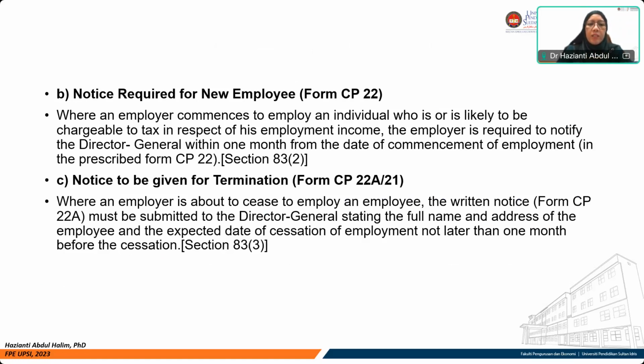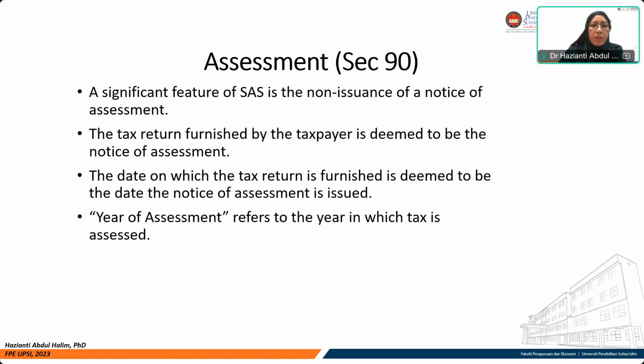If they are about to cease to employ an employee, a written notice, Form CP22A, must be submitted stating the full name and address of the employee and the expected date of cessation of employment, not later than 1 month before. So they have to initially inform the Director General that this employee is about to stop being employed by that particular employer.